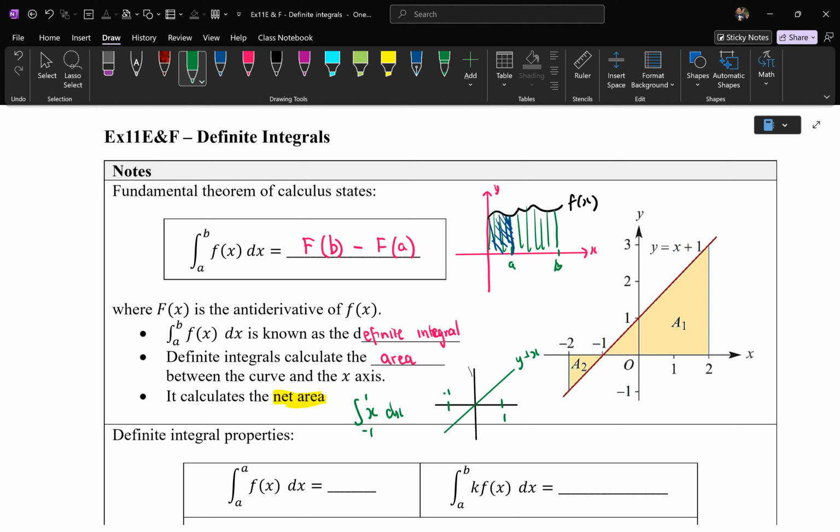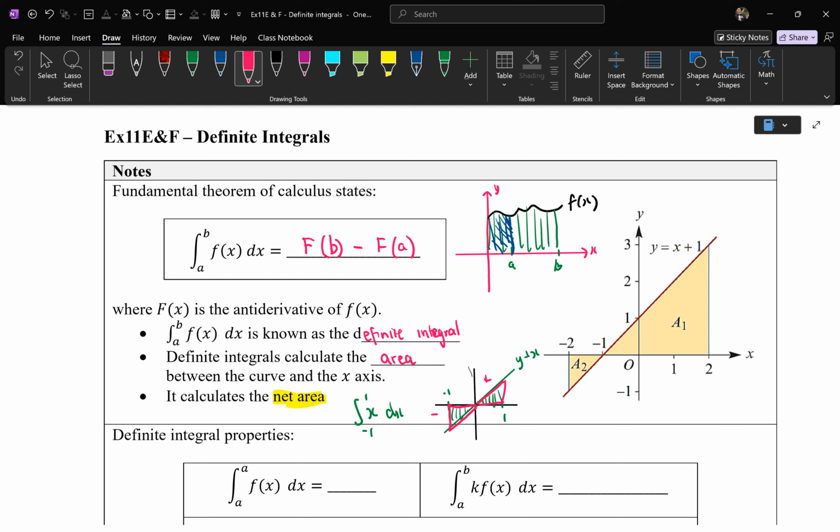But if you actually integrate, because there's a net sign, it means that above the x-axis is positive and below the x-axis is negative. Those two are going to cancel out, even though we know there is a total area that's doubled. It's doubling the triangle. So this triangle down here has a different area to this one based on a sign point. So this one would be negative. This would be a positive. So if you type on your calculator, it will end up being 0.